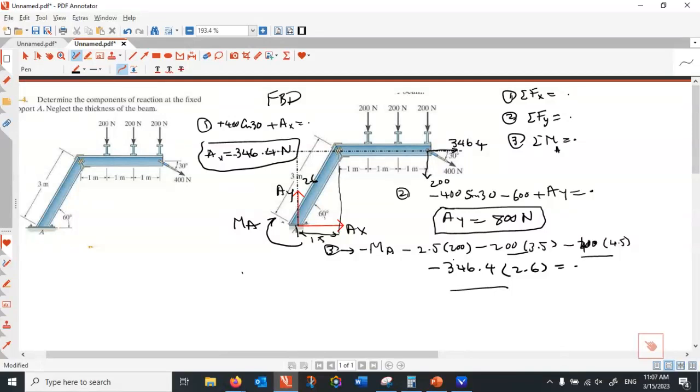Good question. When you want to release it, you need to expose the internal forces. For the fixed end, the internal forces are not only the horizontal and vertical, but also the bending moment. In Monday's class, we summarized all the reaction supports. And this reaction has a name. It is not called pin, it is not called roller. What do we call it?